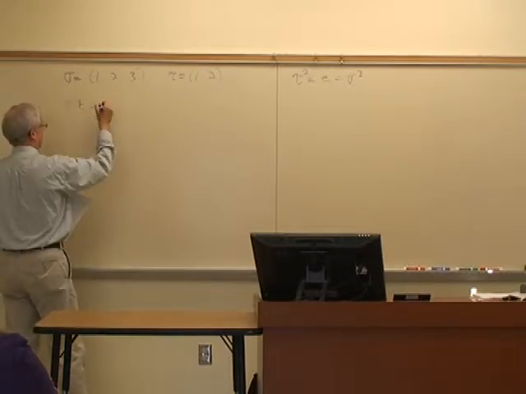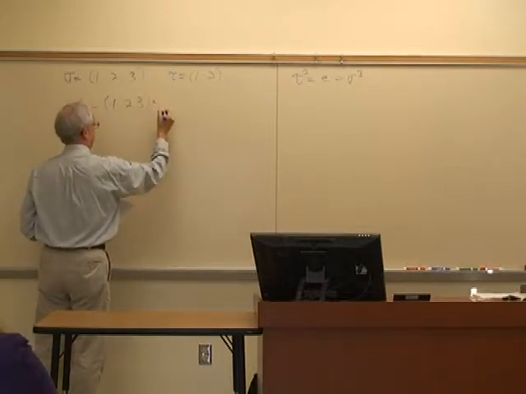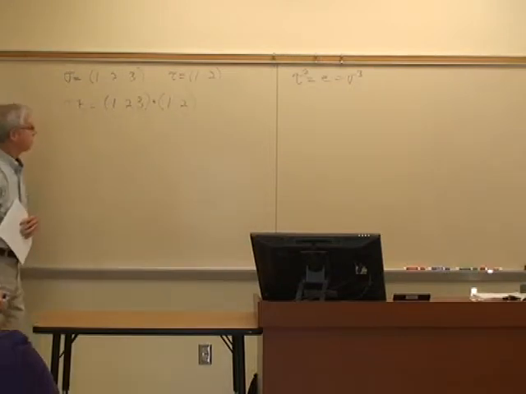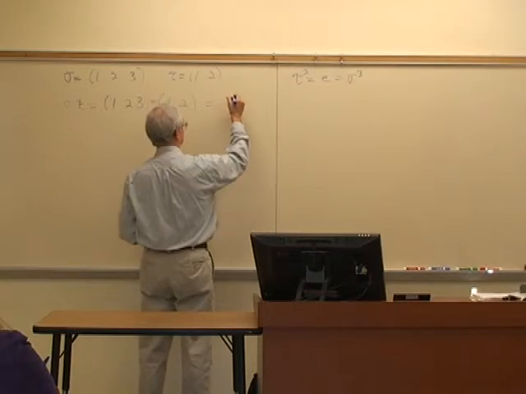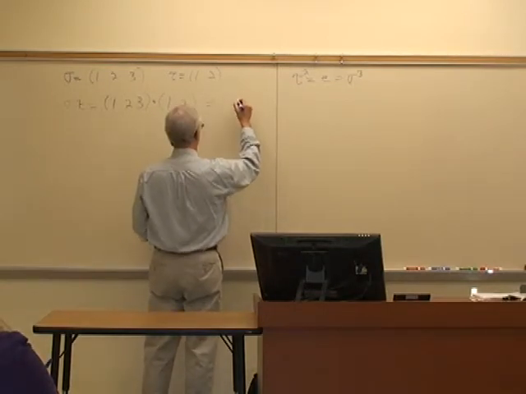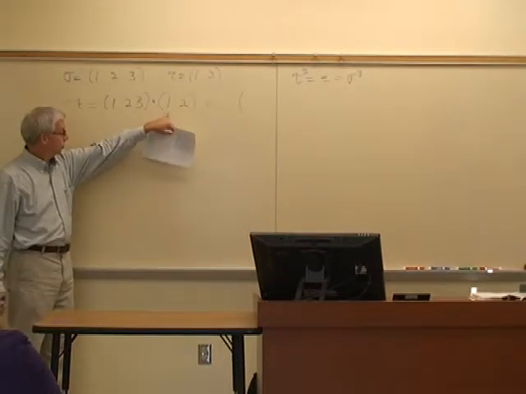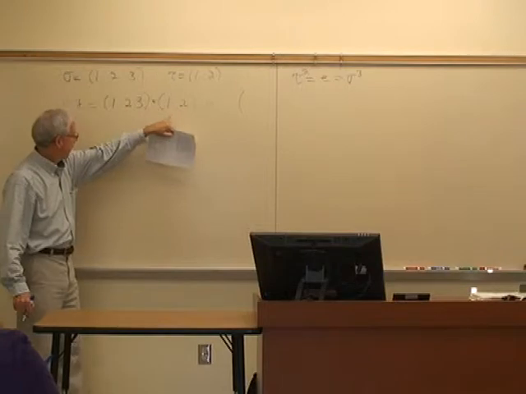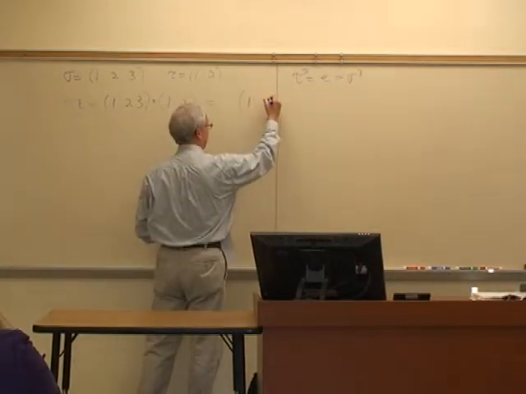That's by the cycle definition, composed with (1 2). So what does that mean as a straight cycle? Well, when I compose functions, I start on the right. So 1 gets sent to 2, but then the second function sends 2 to 3, so 1 gets sent to 3.